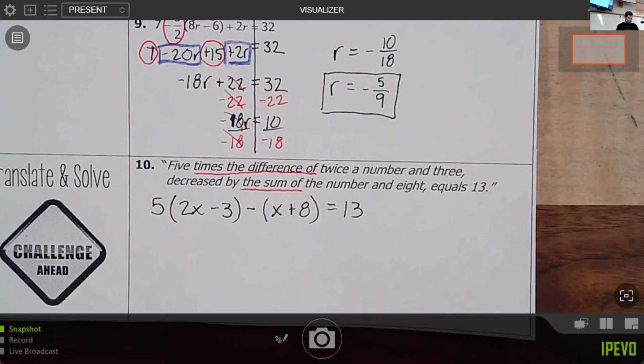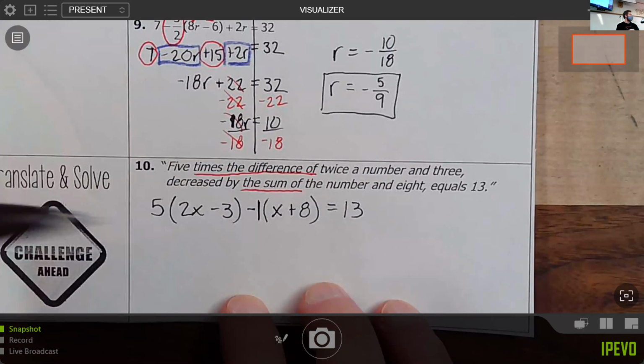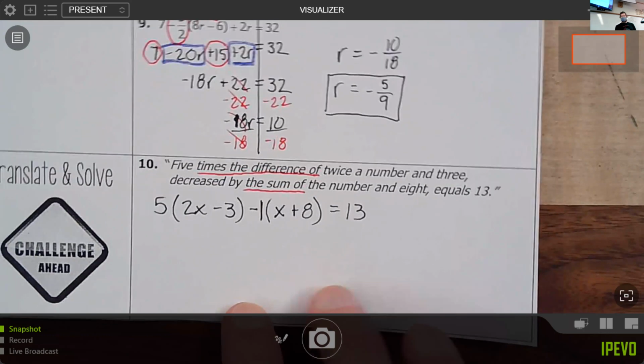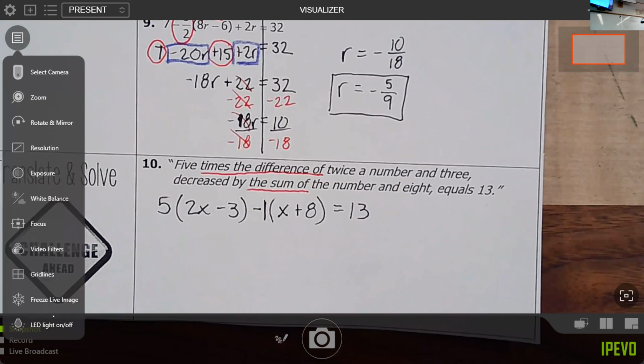And what I would like you to do is take 3 minutes and solve that. You are going to distribute twice. And just to help you out, this minus in between here, that's like having a -1. So I'm going to give you 3 minutes to solve that. And then we will double check our answers. 3 minutes. Freeze this. We'll check in on our solution in a few minutes. So follow those 3 steps. Distribute, combine like terms, and solve.